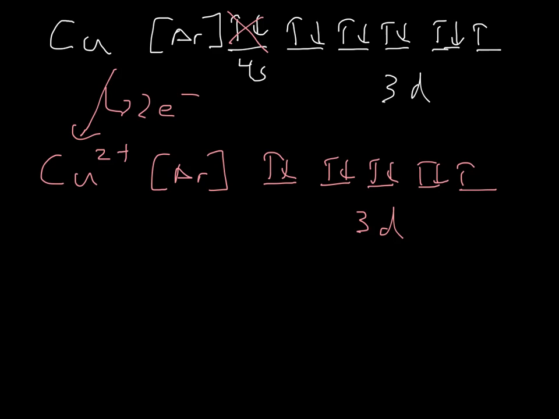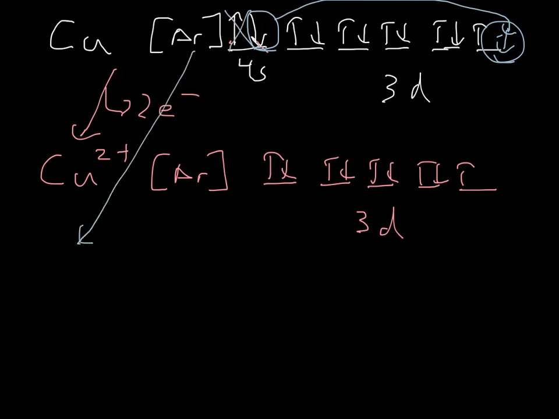Now, other copper atoms are a little bit smarter. They're saying, now wait a second. A half-filled d subshell and a completely filled d subshell are pretty stable. So rather than getting rid of both of those 4s electrons, what if instead I take one of my 4s electrons, I move it to the 3d, and I kick the other one to the curb?